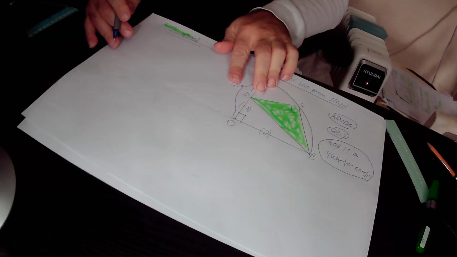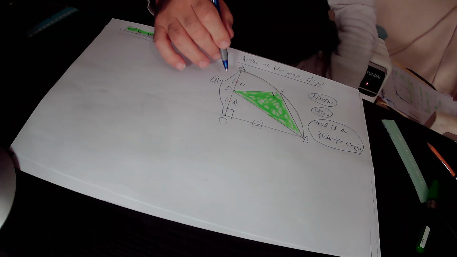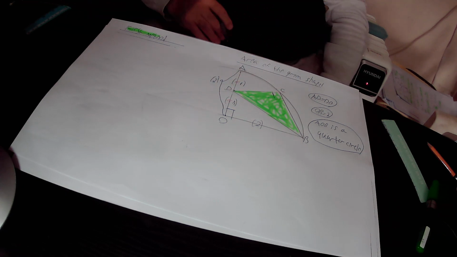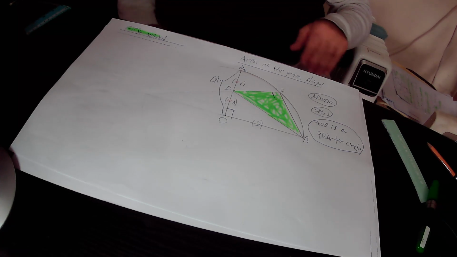In the next step, we apply the Pythagoras theorem on this right triangle DOB. According to the Pythagoras theorem, in any right triangle, the square of the hypotenuse equals the sum of the squares of the perpendiculars.